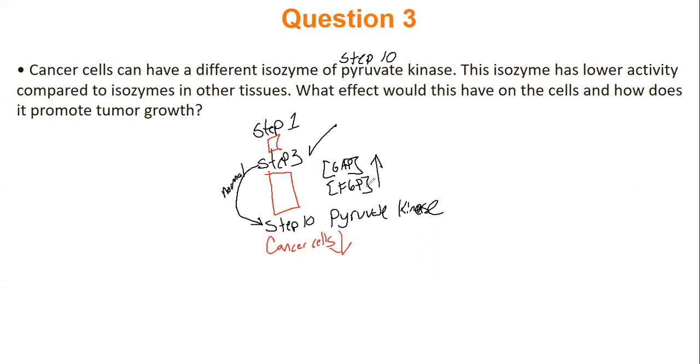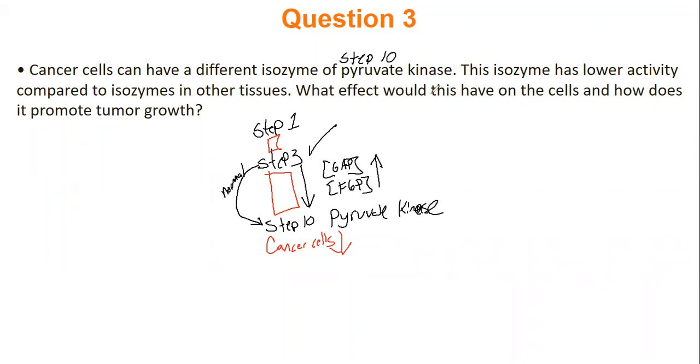Because normally in glycolysis, pyruvate kinase takes the molecule and makes it pyruvate, pyruvate leaves to do something else, and it helps to pull the whole flux forward. So if this is slowed down, you would have a buildup of intermediates.